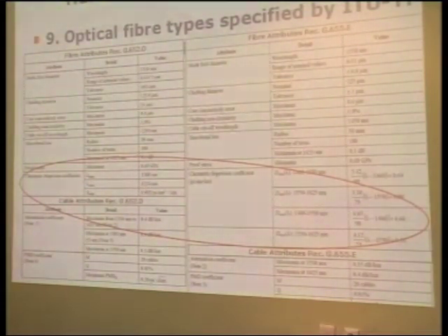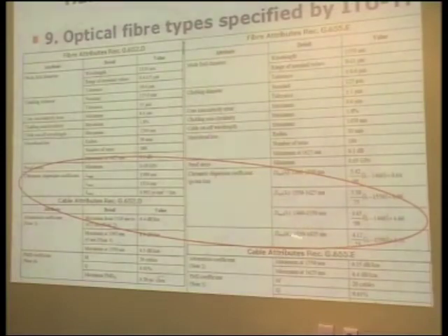So this is the rather simple specification we are using for 652. On the right-hand side, you see quite complicated formulas. These are the boundary lines which I showed you, which are agreed upon between the fiber manufacturers and the operators, describing the dispersion performance of the fiber over the wavelengths from S, C up to L band.